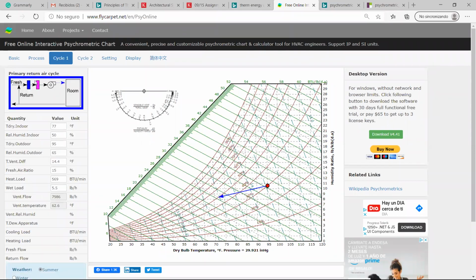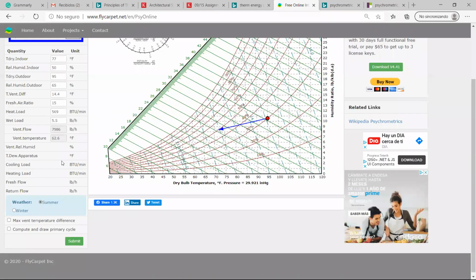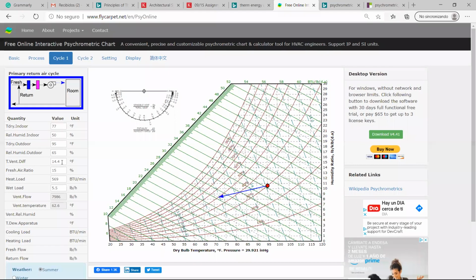So we have the room, we have the air handling unit, and we can return this air to the heat recovery. Okay, so with this chart, we can solve complicated problems because yes, mixing up different airflows and heat recoveries, and doing this by hand is quite complicated. So by understanding what we are doing, we can use this tool to solve these complicated thermodynamic problems in air handling units. So this is incredible.